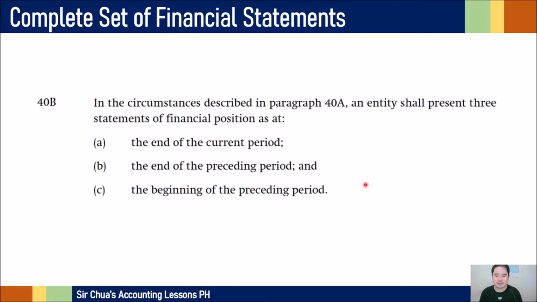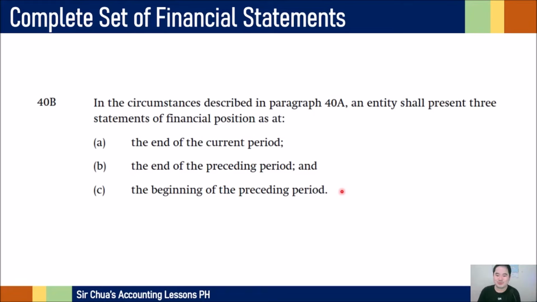Meron po tayong balance sheet, meron tayong Statement of Financial Position ng end of the current period, December 31, 2021, end of the preceding period, December 31, 2020, and then beginning of the preceding period, January 1, 2020, which is also equivalent to December 31, 2019.